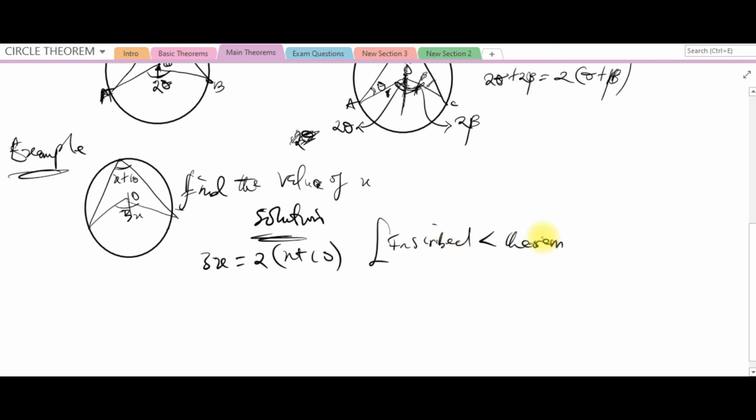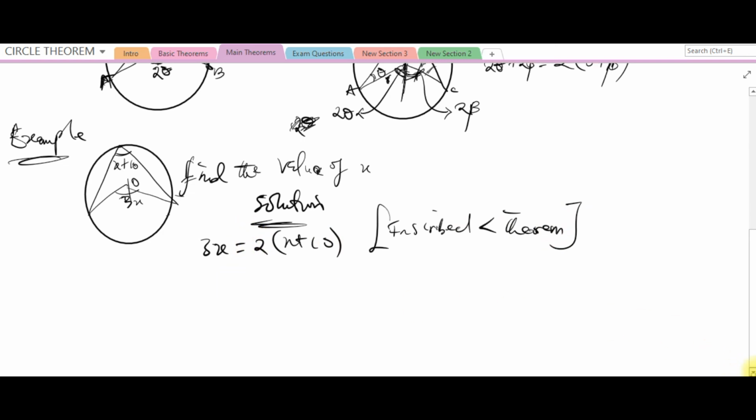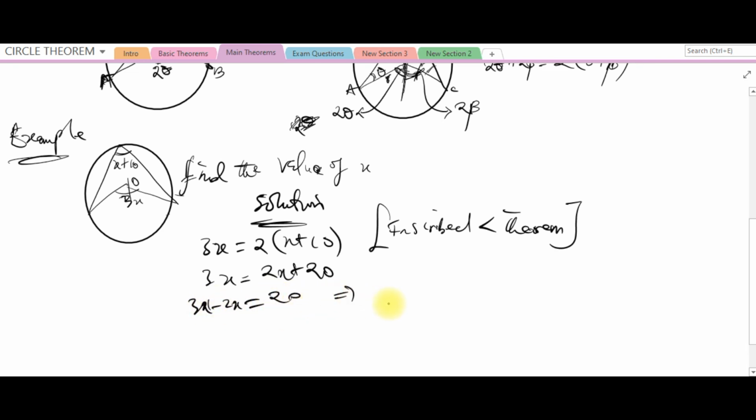Remember this is geometry, so always back your solution with its correct theorem. So expand the bracket, 2x plus 20. Therefore, 3x minus 2x is 20, which implies that x is 20.